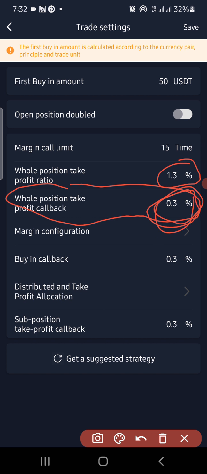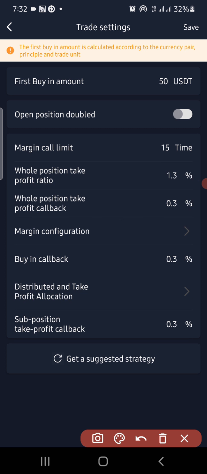That means if the price hits 1.3% here, and from this 1.3% the price starts going down, by the time it retraces by 0.3%, it will automatically take profit for you. Then margin configuration. Margin configuration is basically for you to configure this margin call limit that you've set here. So let's take a look.